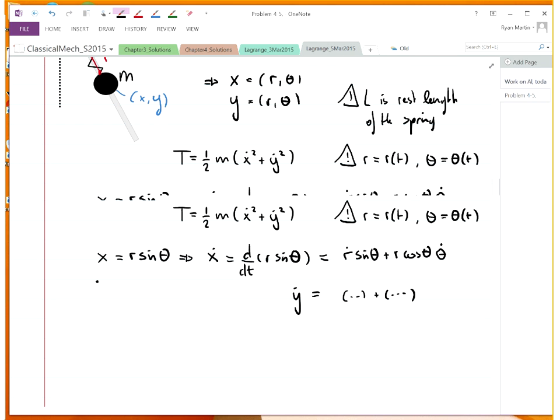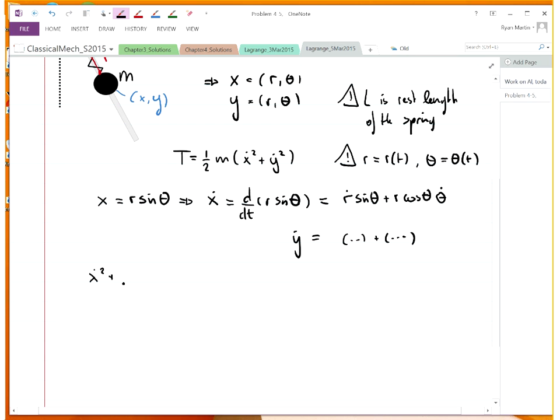Now when you do x dot squared plus y dot squared, the part that you need for the kinetic energy, you're going to find something nice in terms of cancellations, and you're going to get r dot squared plus r squared theta dot squared.